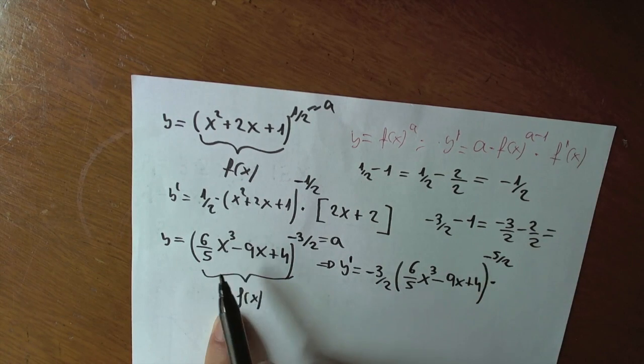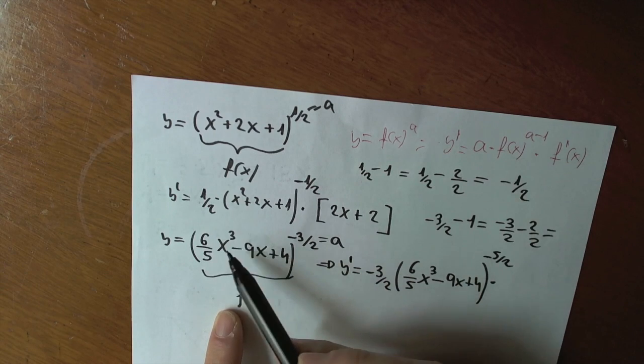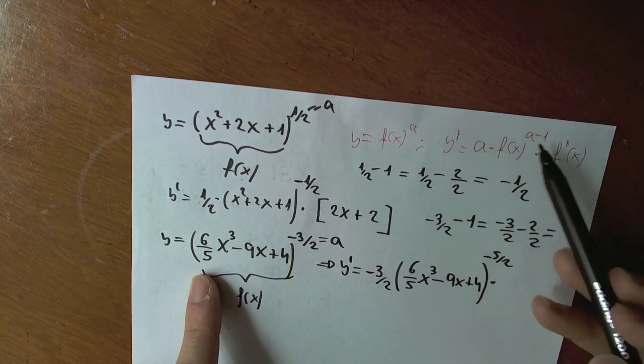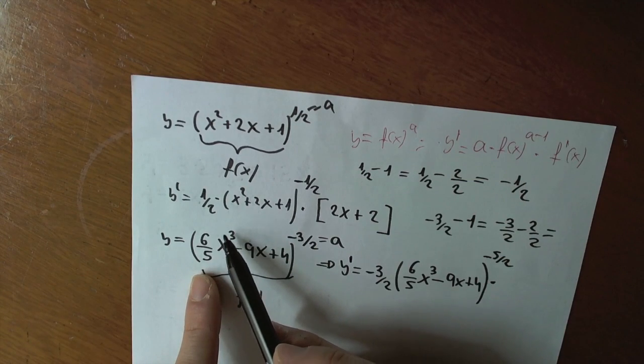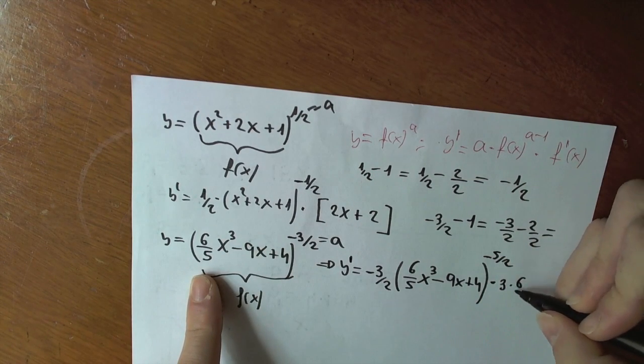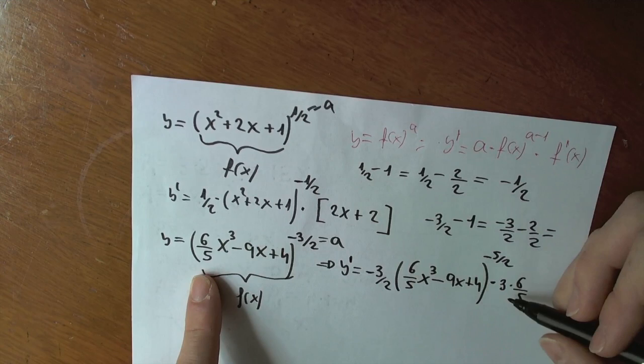So which one is the derivative of f(x)? Applying again the chain rule and derivating this as we did with this formula, the 3 goes down here, so it would be 3 multiplied by 6 divided by 5. This is the constant, we leave it outside, so that's why I wrote it here the same.